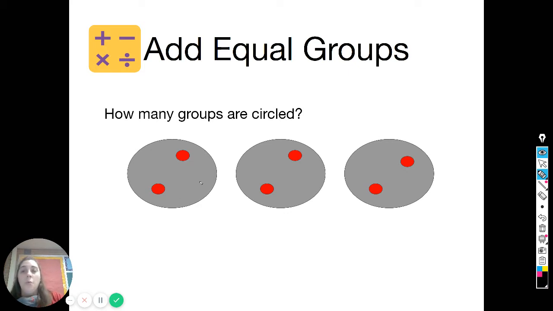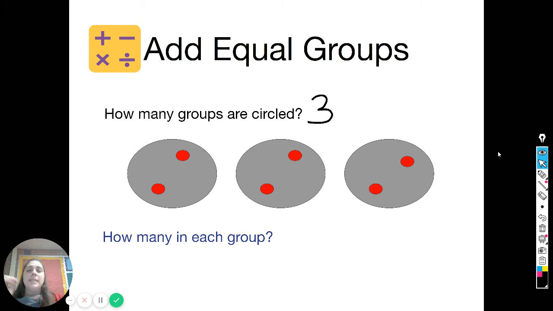There are 1, 2, 3 groups circled. How many in each group? So how many dots are there in each group? Go ahead and write it on your whiteboard and hold it up.